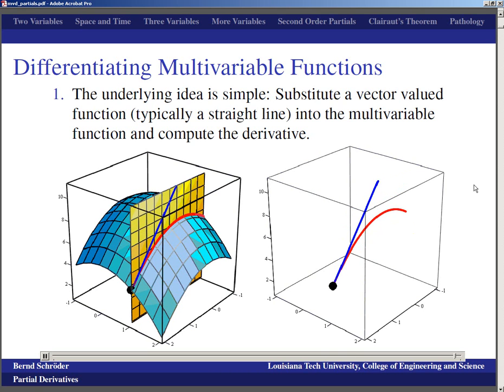We will have quite a few visualizations that really rely on two-dimensional graphs, even though ultimately, as I already mentioned in the introduction, of course, we will be interested in functions that depend on three variables or even more variables, because three-dimensional space requires three variables, and ultimately for space and time we might even need a fourth variable.